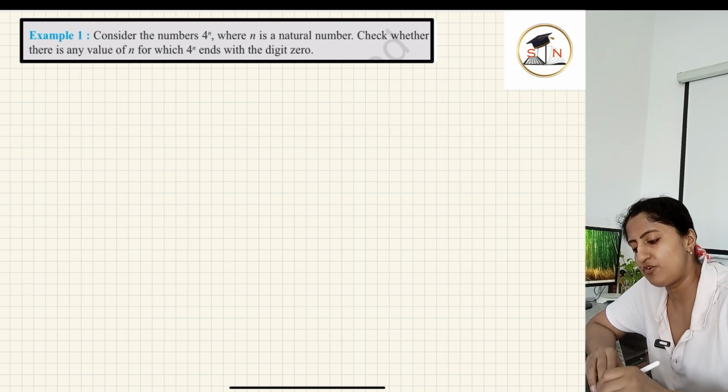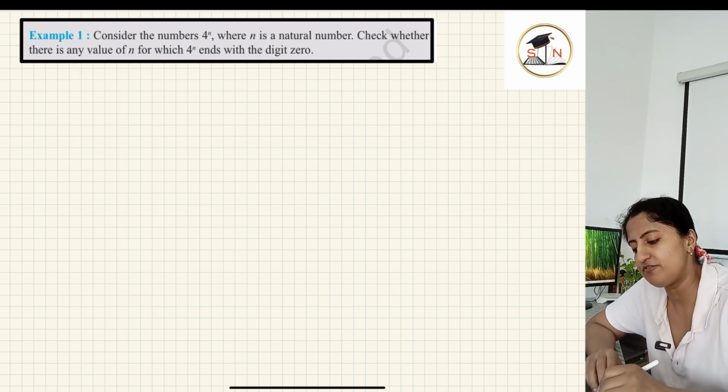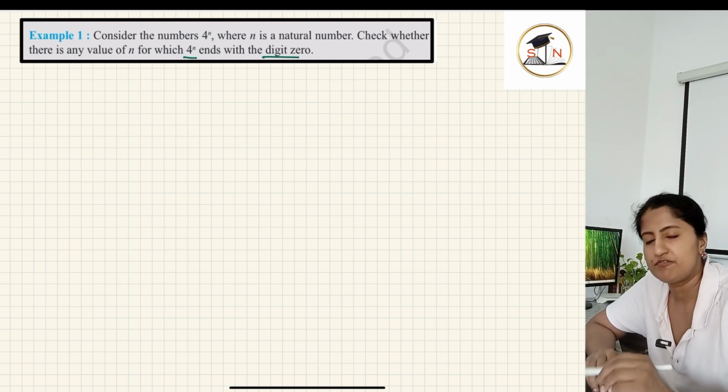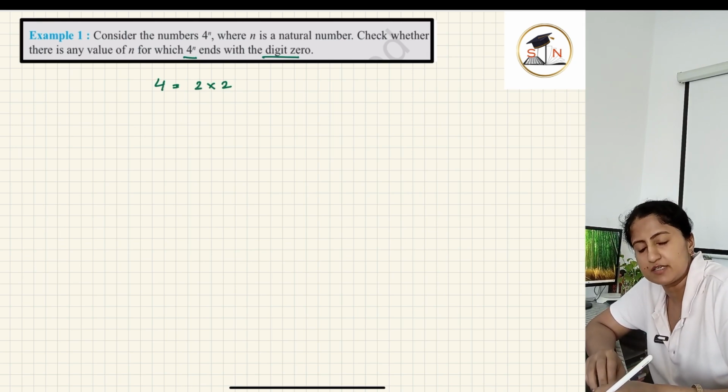Consider the number 4 raised to the power n, where n is a natural number. Check whether there is any value for n for which 4 to the power n ends with the digit 0. First, let's say what are the prime factors of 4? That is 2 and 2, right? These are the prime factors.